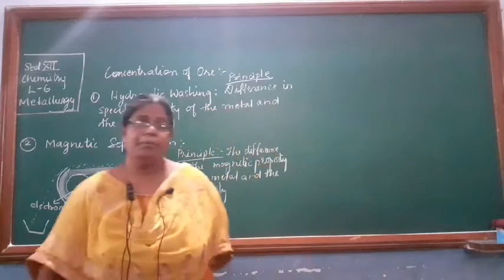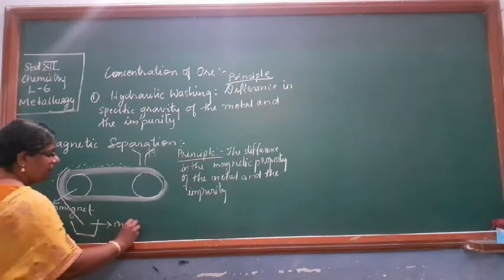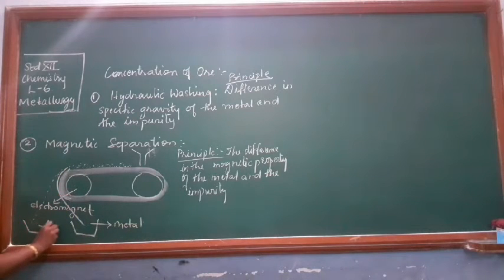If the metal has a magnetic property, then here you will have the metal being collected, and if the impurity is non-magnetic, it will be collected in the other vessel. So here you have your impurity. I hope it is clear.